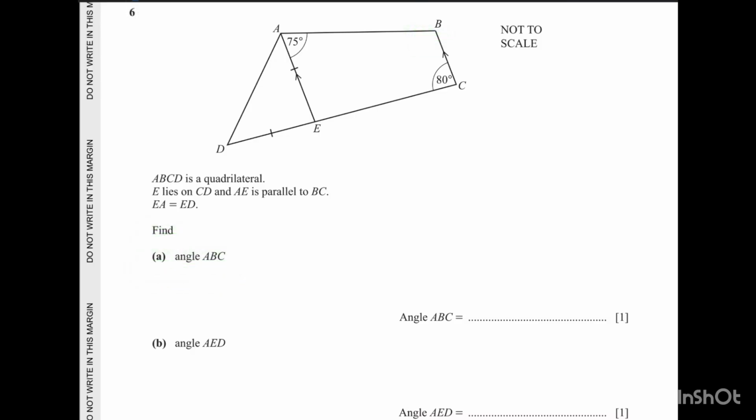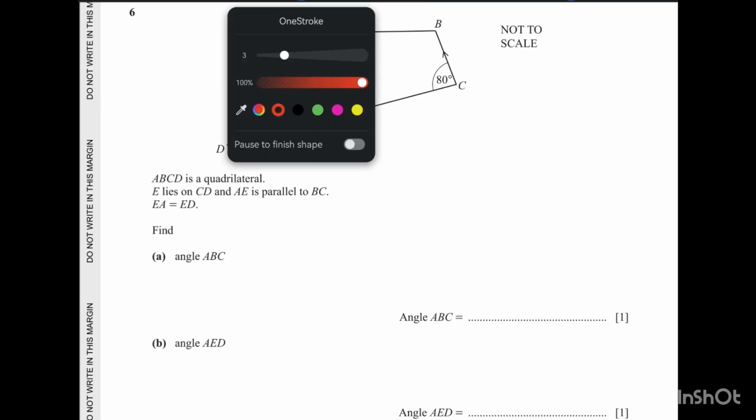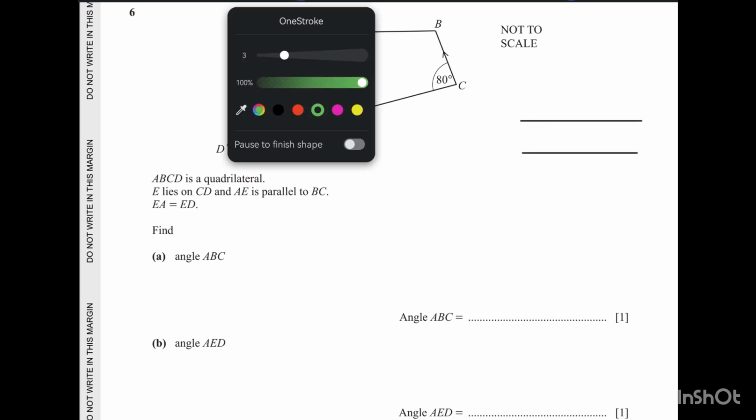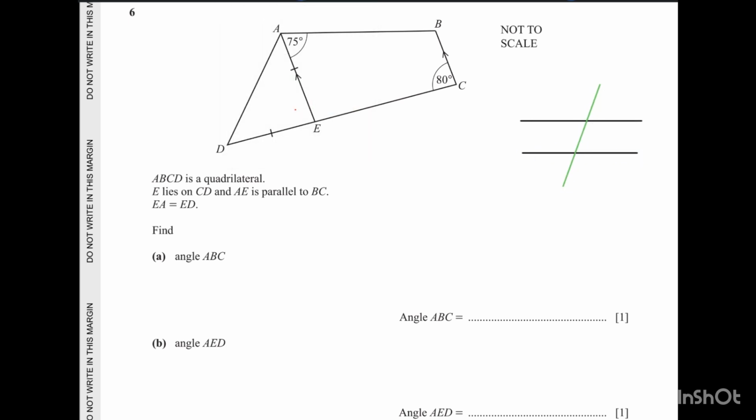When two lines are parallel and cut by a transversal, now these two, AE and BC, are parallel. So if you take AB as the transversal, when you add these two angles, it is 180 degrees. Interior angles on one side of the transversal add up to 180 degrees.